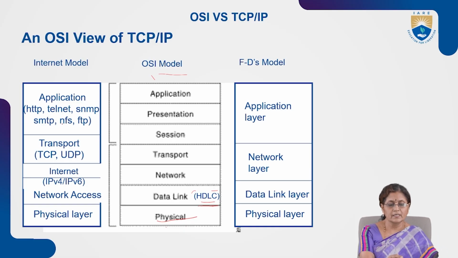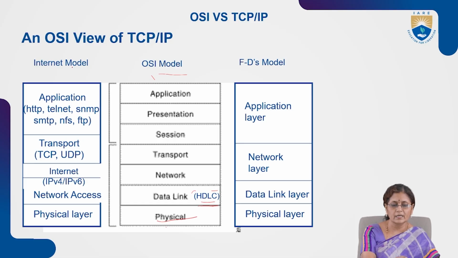In the application layer, the different protocols we have come across are HTTP, Telnet, SNMP, SMTP, NFS, and FTP. All these, including the file transfer protocols, come under the application layer. So this is an internet model.